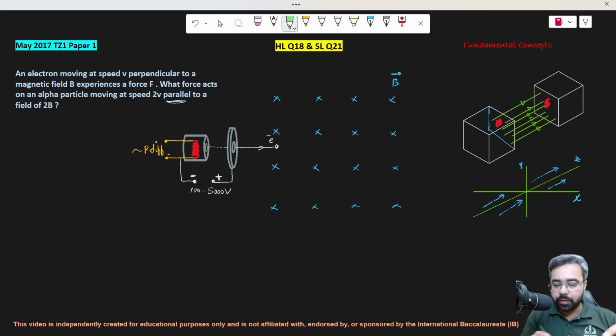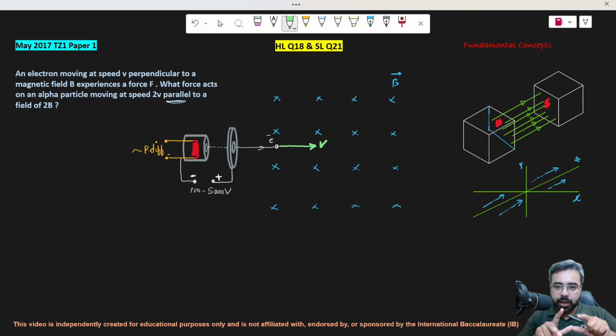Dear students, I will explain the alpha particle later. First I will show you what will happen to the electron. This is the direction of the electron's velocity. Let's say it is moving with the velocity v. Now I will apply Fleming's right hand rule for charges moving in a magnetic field. This thumb shows velocity, this shows magnetic field strength, and this shows the force.